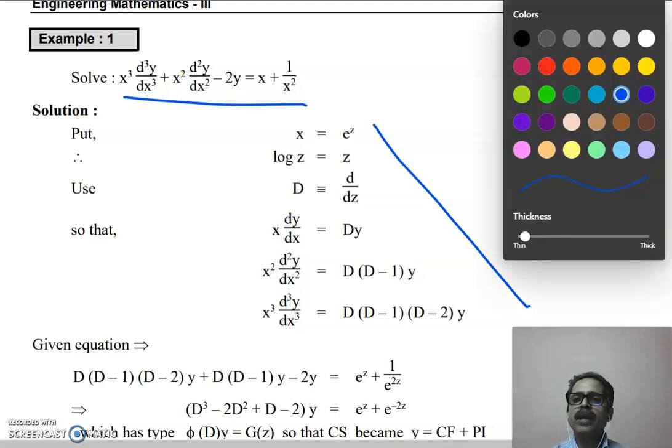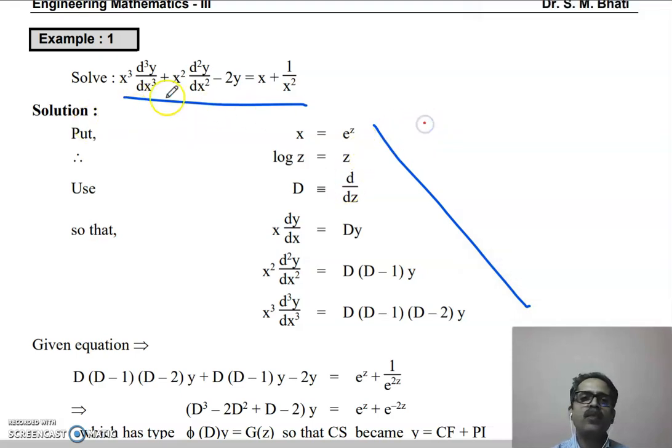You can see that the value of the first term is this by using the formula. So put that here in the first term. In the second term, the value of the second term is this, put it here in the second term.